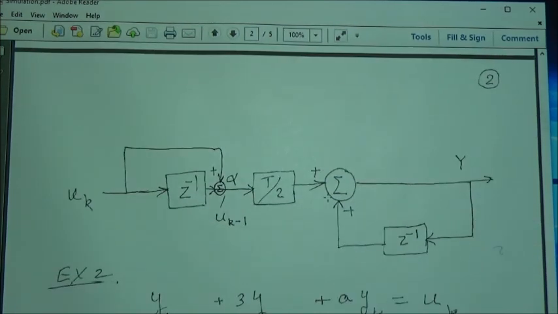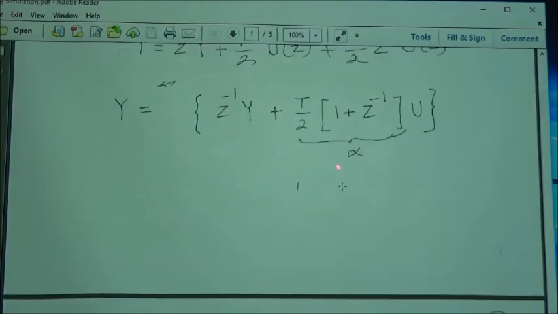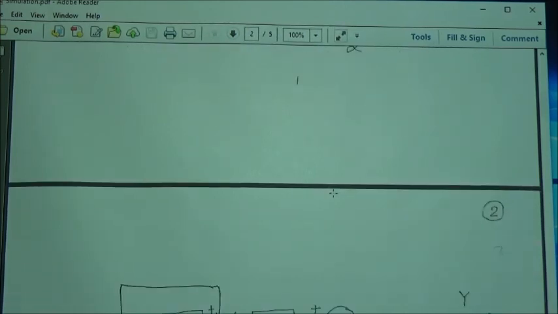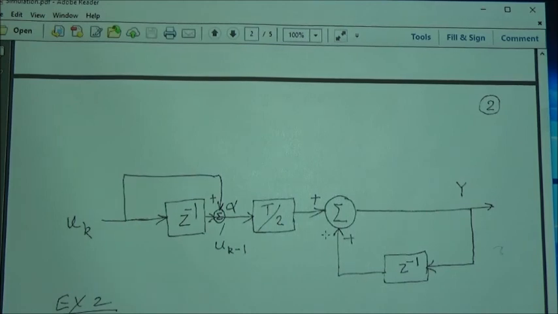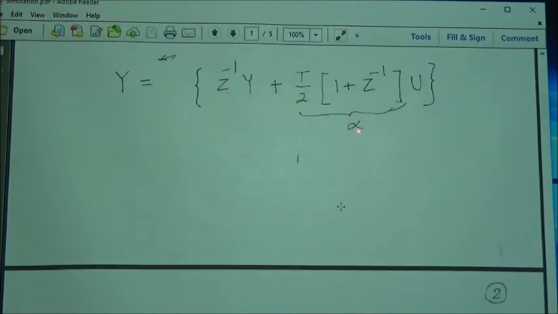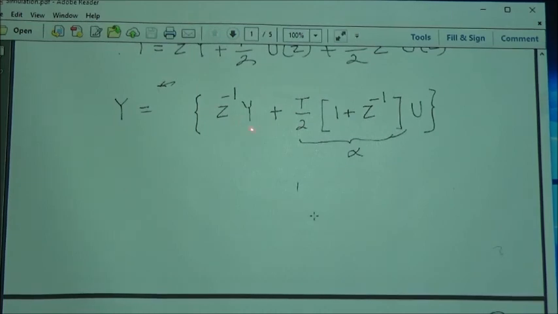And the simulation for that is going to be basically, if you look at 1 plus z to the minus 1 times T over 2 times u, which we call alpha, it is going to look like z to the minus 1 plus 1 times u of k multiplied by T over 2, and then you put in the rest of the value, which is z to the minus 1 times y.